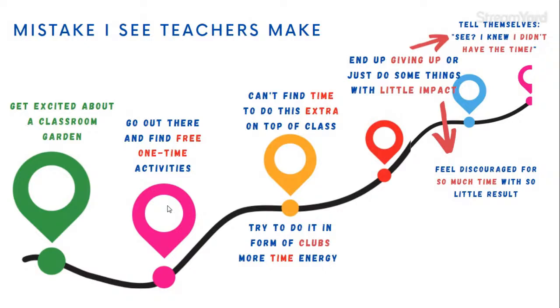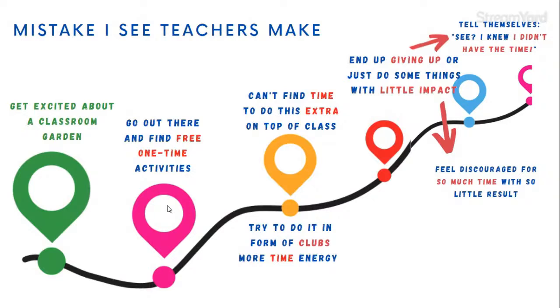A bunch of sporadic activities, and then we have to find time to do them, on top of what we want to teach in our classroom, because we're busy, we have to cover a lot, and we have to put out fires all the time, and right now with all the COVID issues and all of that, there's a lot going on, right? So we don't find that extra time in our classrooms.